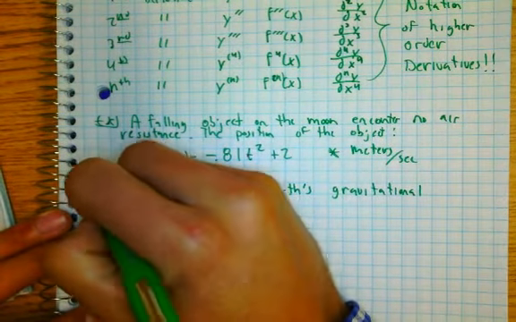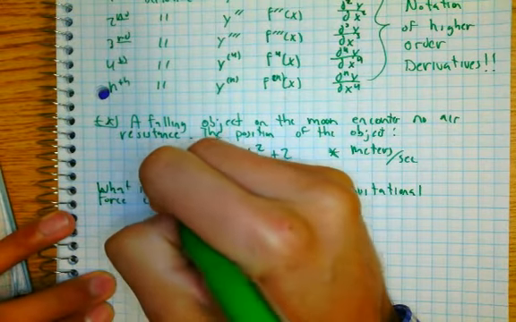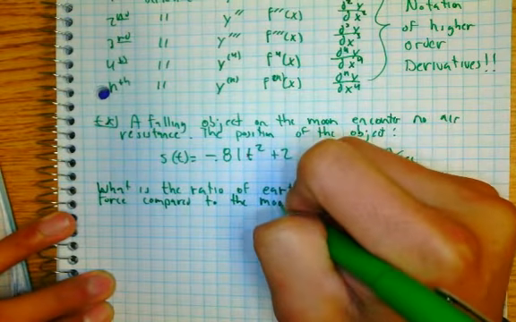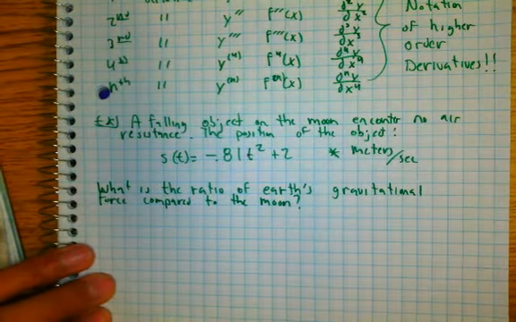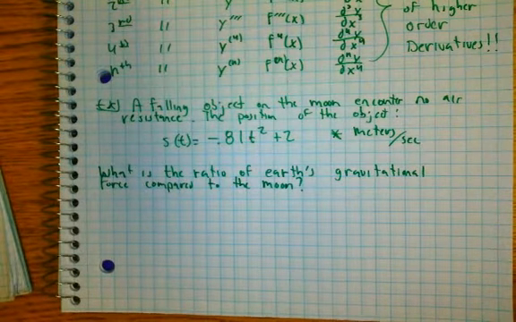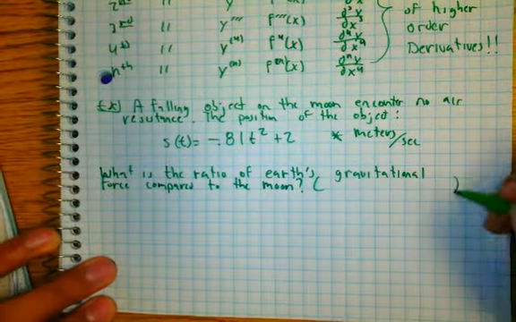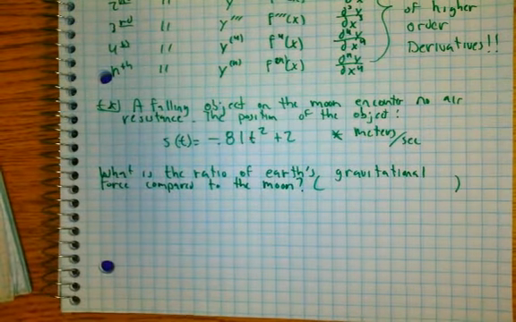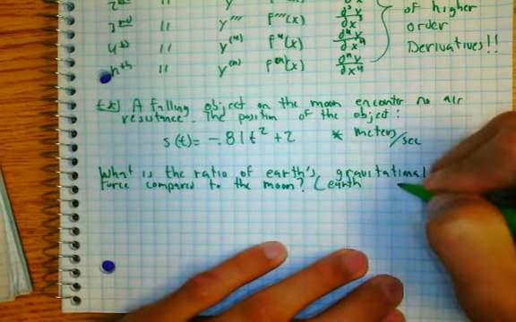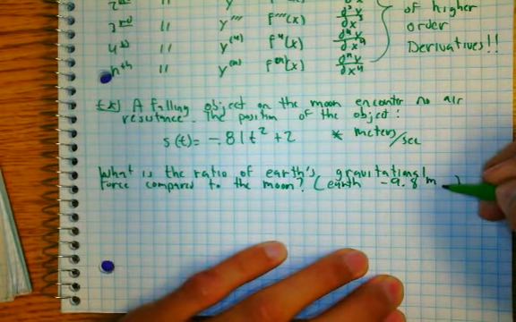At Earth, we're talking about negative 9.8 meters per second squared. Yeah, that's right. So you need to know that. So really what you need to find is the gravitational force at the moon. So what do you suggest I do in order to find the gravitational force?